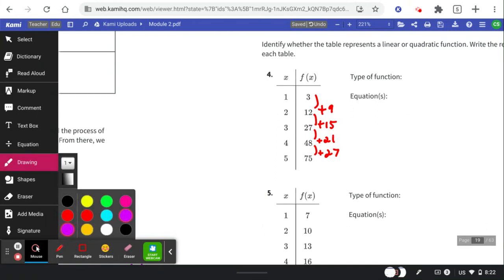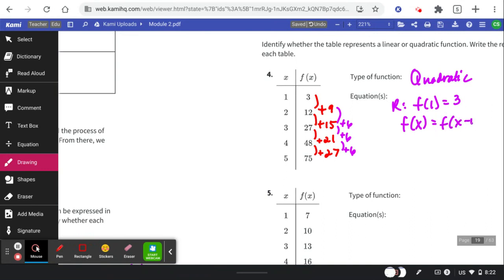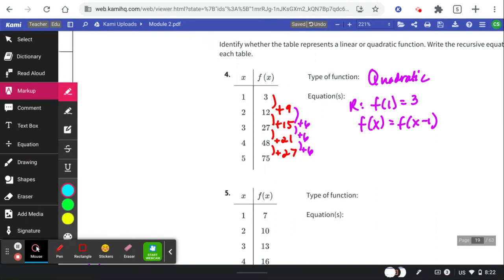Okay, finding the constant second difference if there is one. Oh, look, do you see that plus 6 showing up? So the type of function is quadratic because of that constant second difference. And then the recursive goes f of 1 equals 3, f of x equals f of x minus 1, and we need to go get that linear rate of change recursive piece.